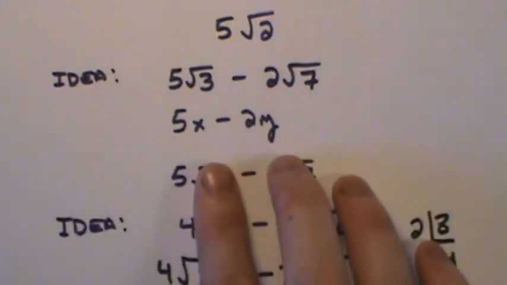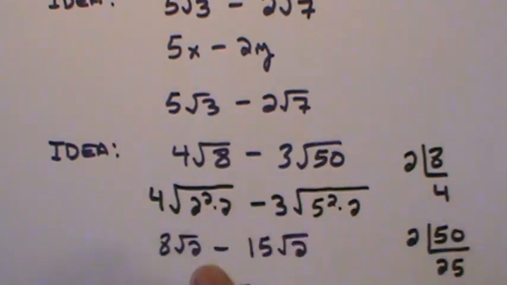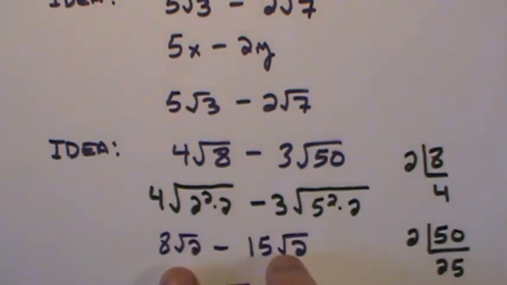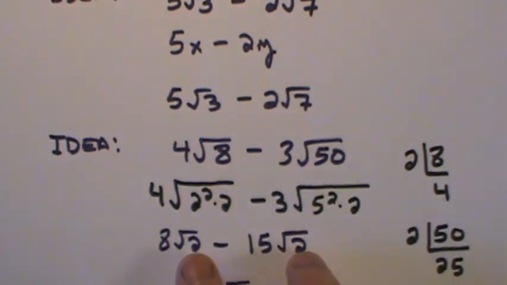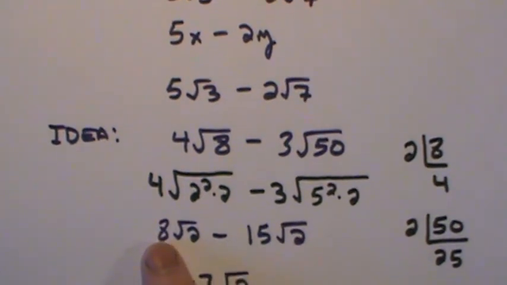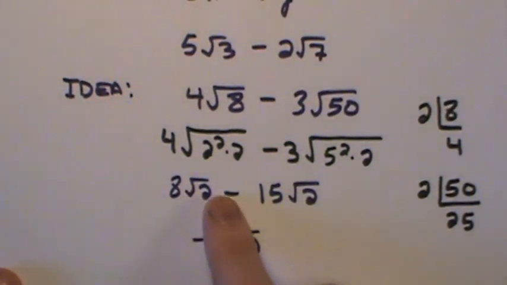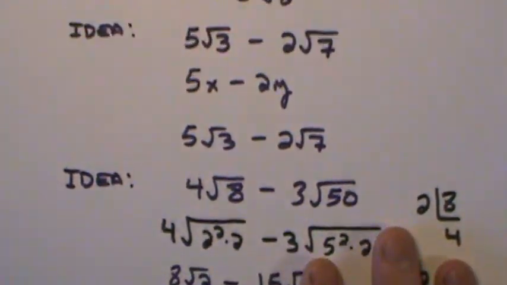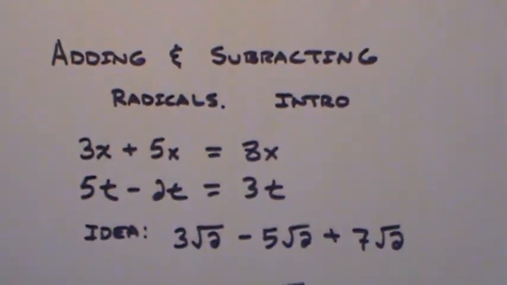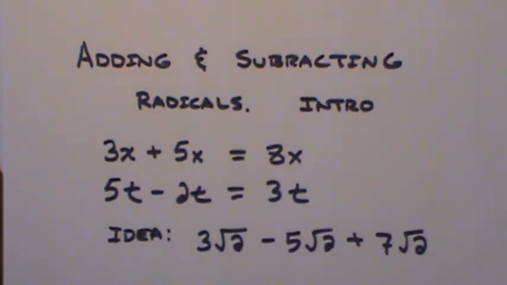And so you have to break those radicals all the way down until you get them so that they can no longer be broken down and they're treated like that variable or that label. So like in this last idea, 8 rad 2 minus 15 rad 2 guaranteed that I was having a rad 2 as part of my answer because it was nothing more than a label. And so there's our introduction to adding and subtracting radicals.